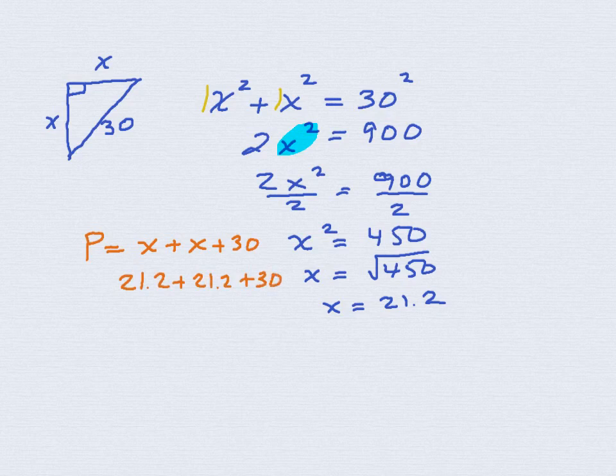So 72.4. If it was in centimeters, it would be in centimeters. If it was in meters, and so on. So the applications are going to be find the length you're missing, and then either find a perimeter, find an area, find the cost of fencing, all the things that go on and make the question an extra step.